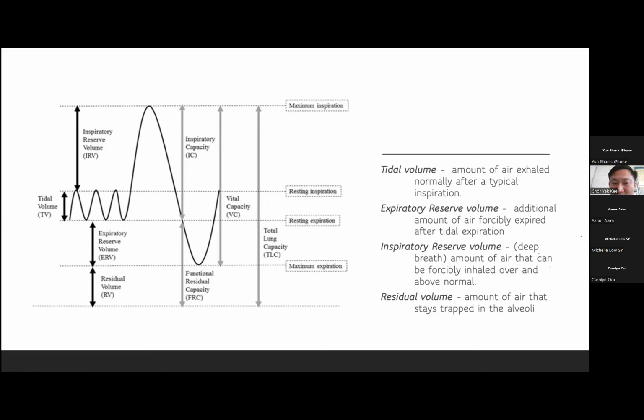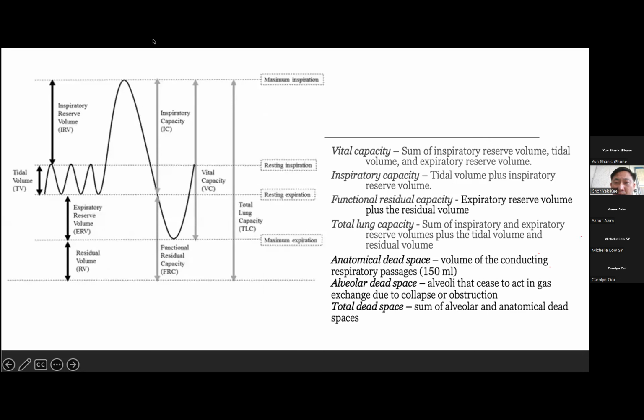You're talking about the normal patient, not the severely obese patient. So during exhalation. I mean, from the X-ray, how are you going to determine you're at the FRC?